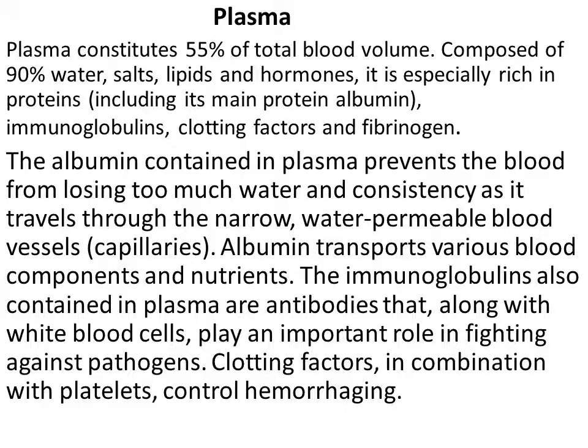Look, blood has to travel from the wider parts to the narrow parts of the body. In order to travel through the narrow parts, its consistency should be such that it can travel through the narrow path. If it is too thick, it cannot travel through the narrow path. It should be in a diluted form.